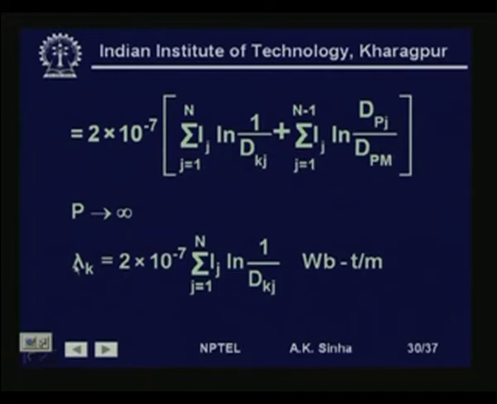Finally, we get the total flux linkages for the conductor K equal to 2 into 10 to the power minus 7 sigma j is equal to 1 to n I j log n 1 by d k j. This is the final expression that we get, and this is a very important relationship for finding out the total flux linkage for any conductor carrying current in a system of conductors carrying current.